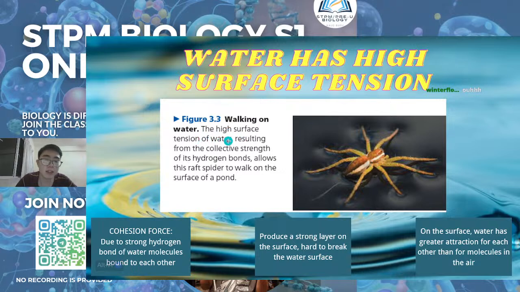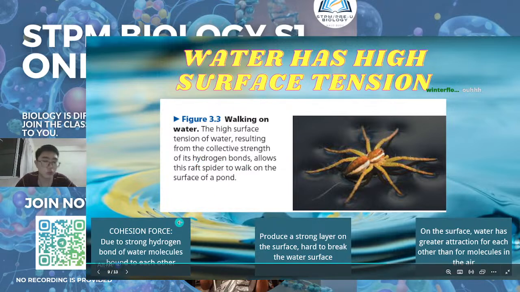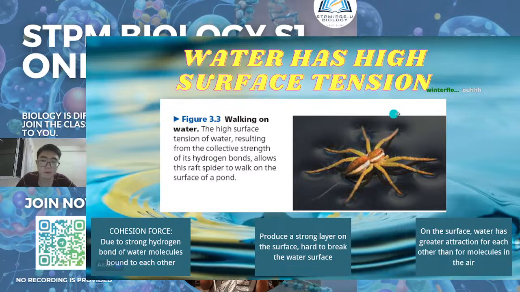The high surface tension of water results from the collective strength of the hydrogen bonds. It produces a strong layer at the surface, hard to break. This is the meaning of high surface tension.